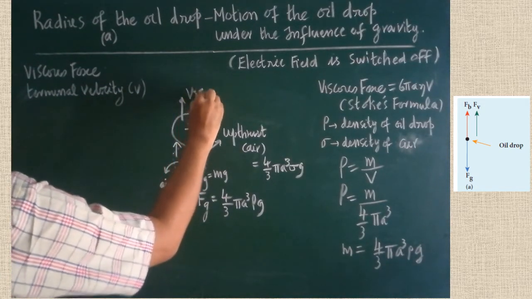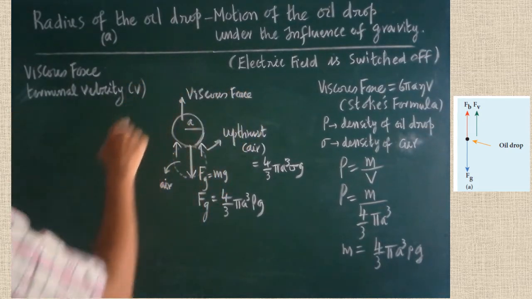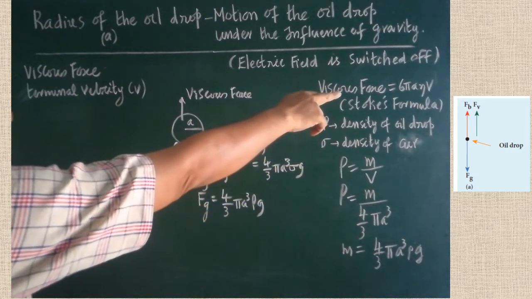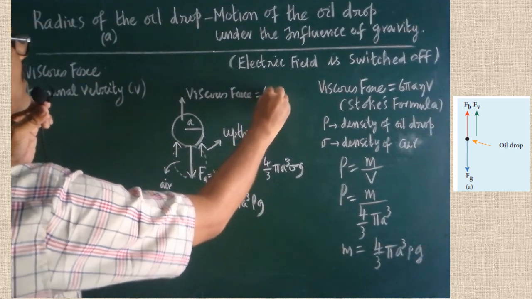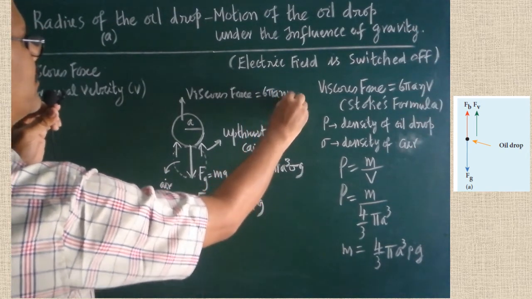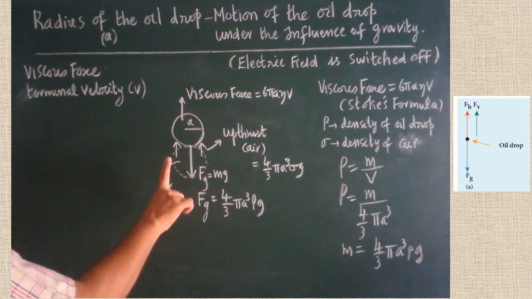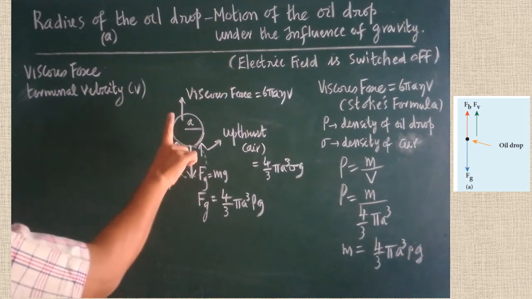That viscous force is acting in the upward direction. That viscous force expression was given by Stokes. The viscous force expression is 6 pi a eta v. So totally, I will summarize all the forces acting on the oil drop. Gravitational force, and upthrust due to air acting in the upward direction.